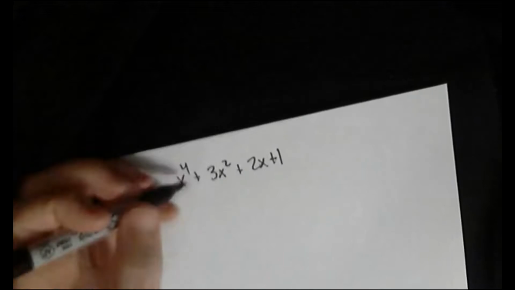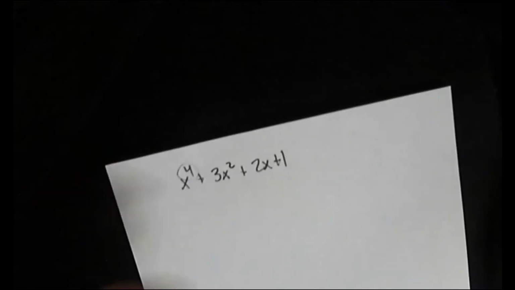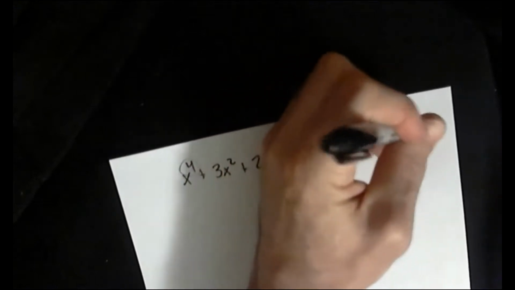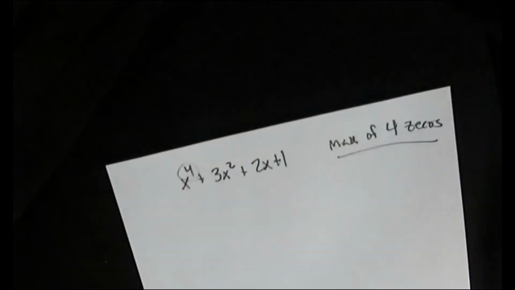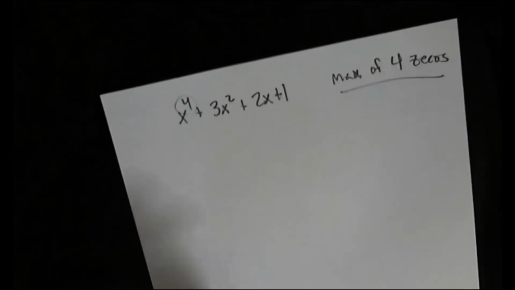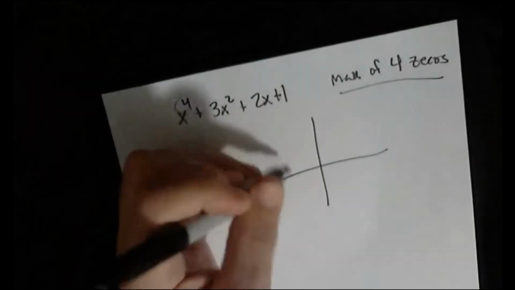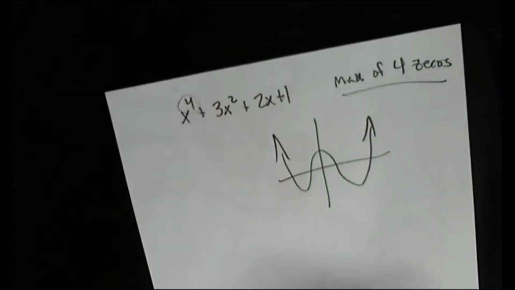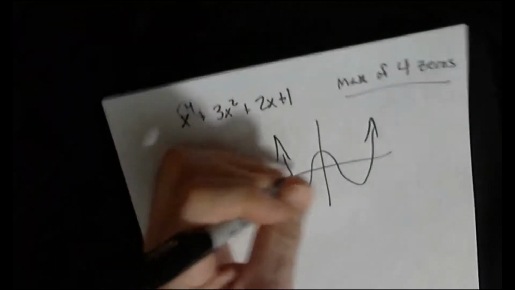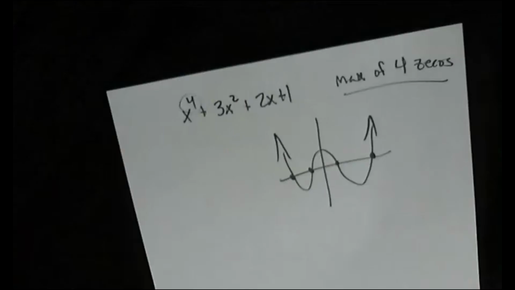Similarly, if we had an x to the fourth function, the fact that this is in fourth power tells us that we could have a maximum of 4 zeros, which makes sense if we talk about end behavior. A fourth powered function would look something like that. So at most, we're going to have 4 zeros.